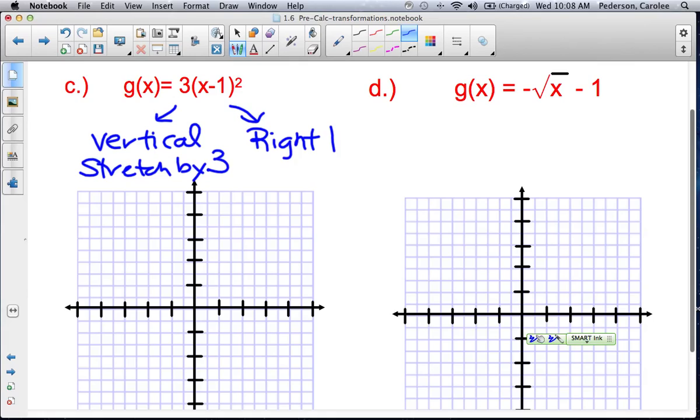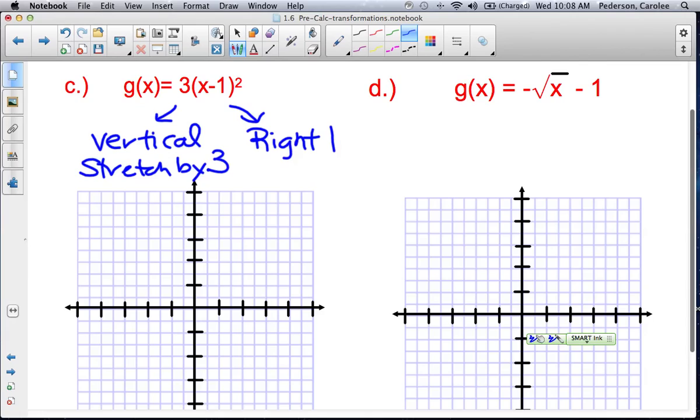All right. Again, don't write this one down. What is the shape of this graph now? With the square root. Half parabola going off to the right. So let's talk about the negative in front of the function.